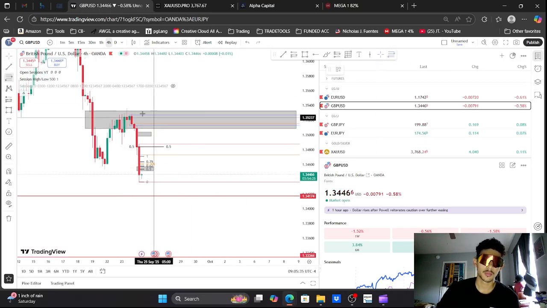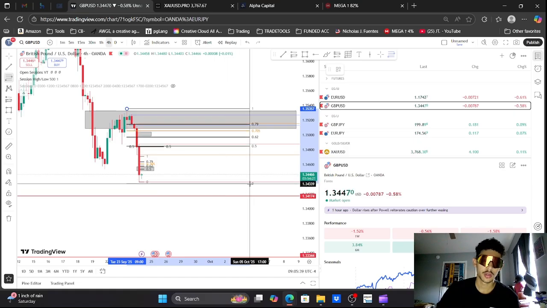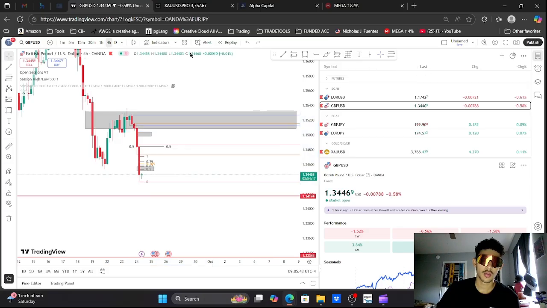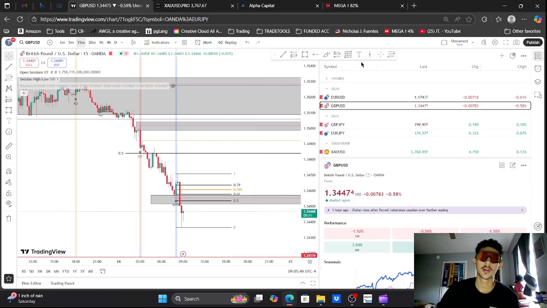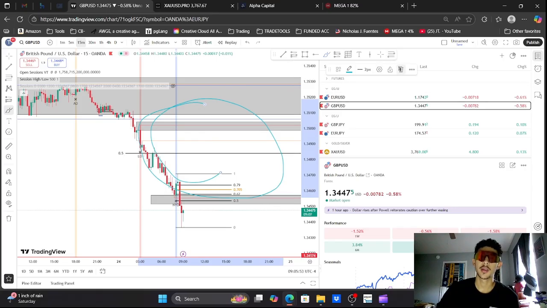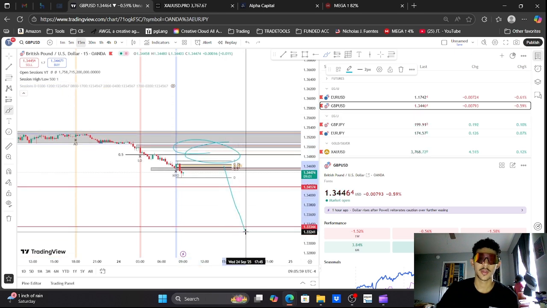See what the move down looks like on this bad boy. Yes, into all this zone right here, into this main area right here is where price wants to move to. So then it could continue pushing down.